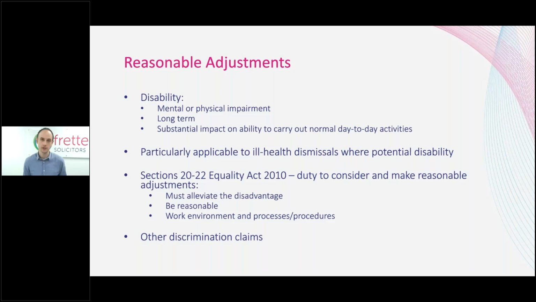Reasonable adjustments apply to the method and environment of work, as well as to processes and procedures. It may well be discriminatory to dismiss an employee for ill health absence or ill health capability if a reasonable adjustment could have been implemented to mitigate the absence or reduce the capability problem.